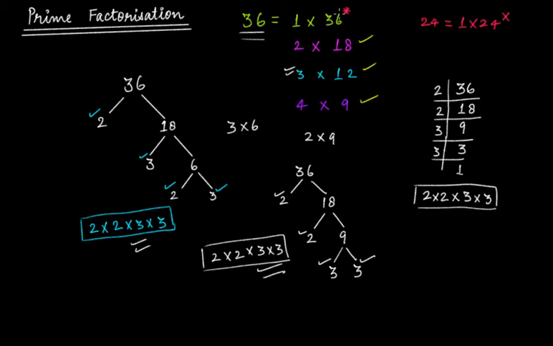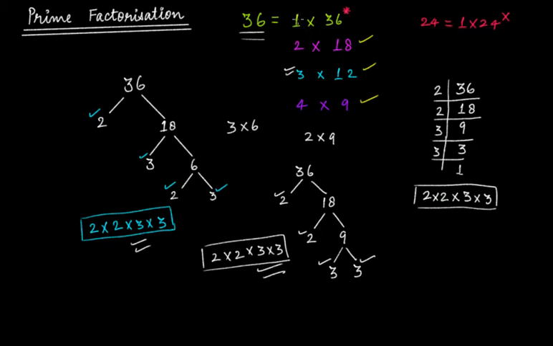And 1, 36, 2, 18, 3, 12, 4, 9, these are all factors of 36. But when you are going to find the prime factorization using the factor tree method, there you will ignore this factorized form, and therefore you will ignore the 1 factor and the 36 factor.